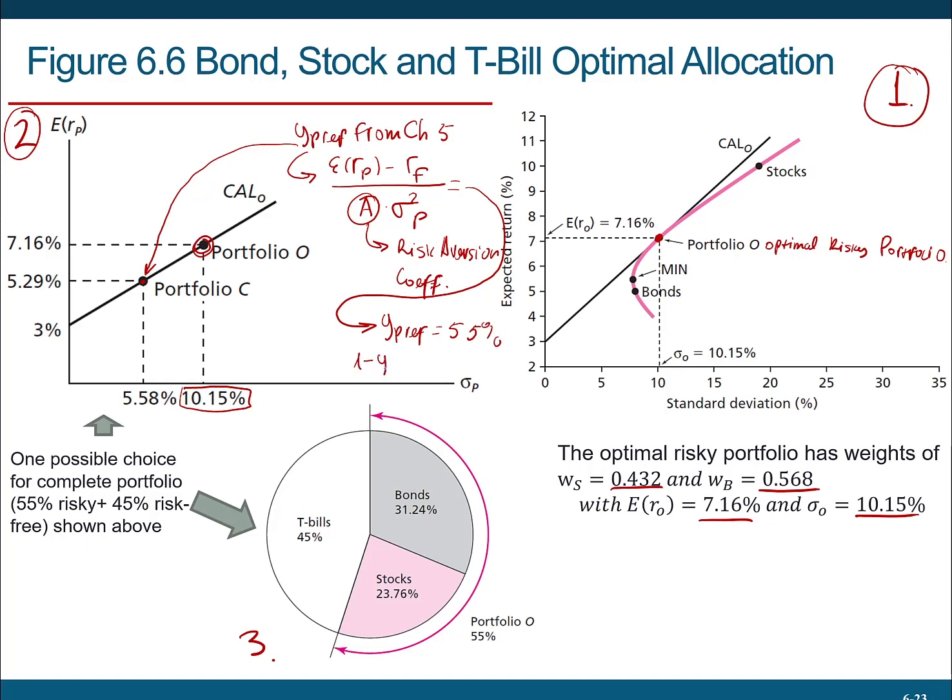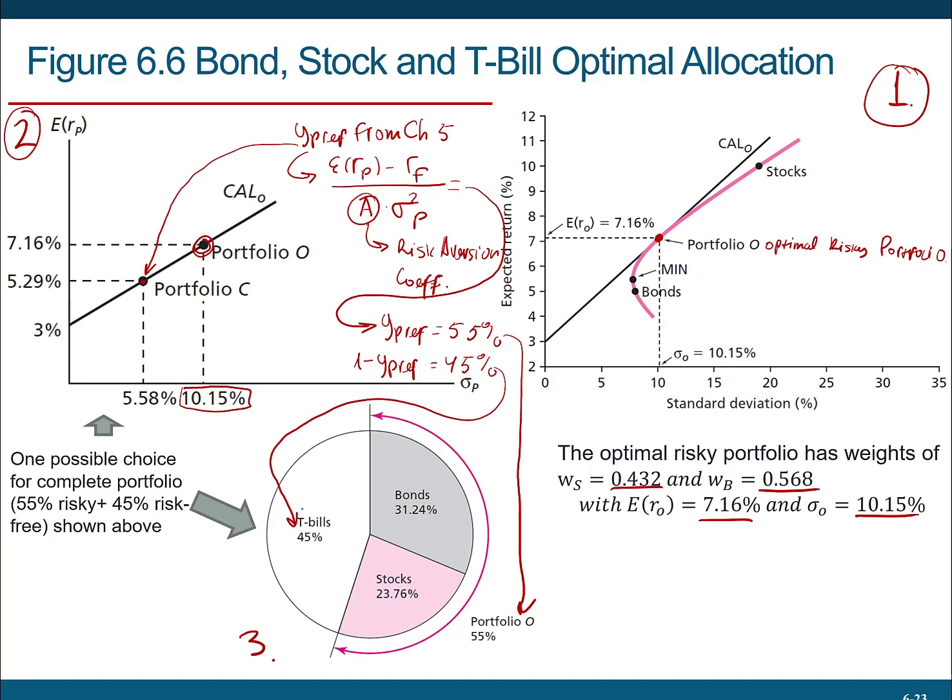So 1 minus y-pref equals what? 45%. So this is right here in the pie chart, and the 45% is right here in the pie chart.